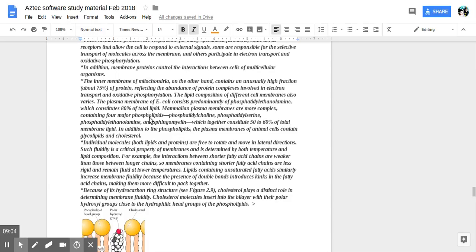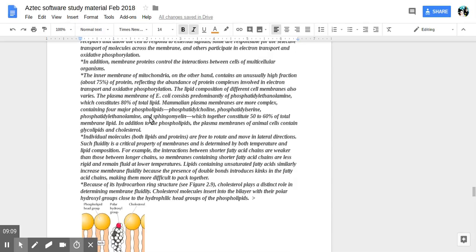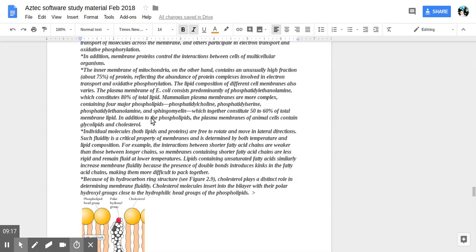In addition, membrane proteins control interactions between cells, if you have a tissue with multiple cells. The inner membrane of mitochondria contains an unusually high fraction of proteins, 75%, reflecting the abundance of protein complexes involved in electron transport and oxidative phosphorylation in mitochondria.